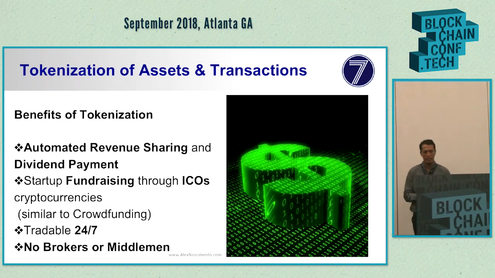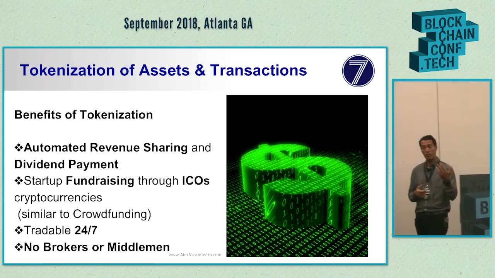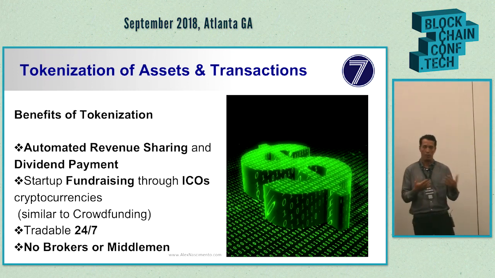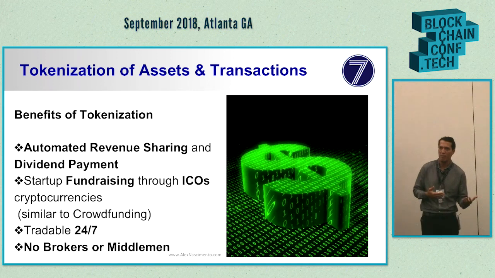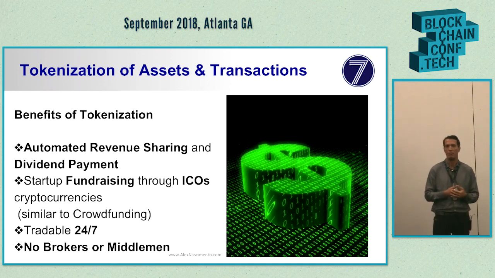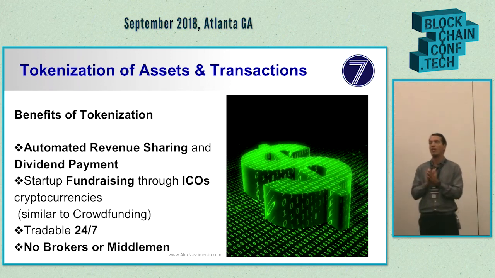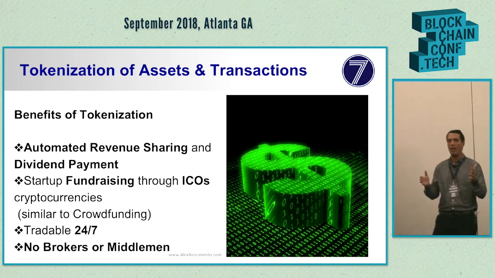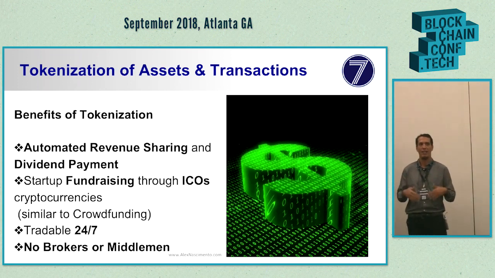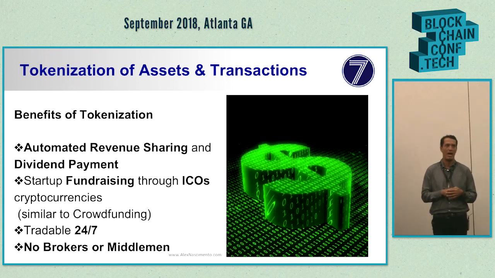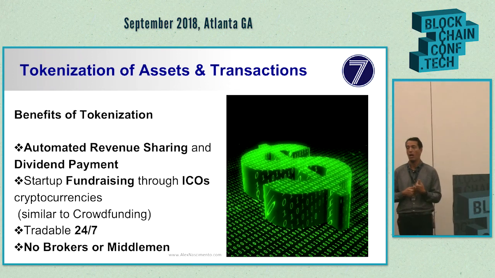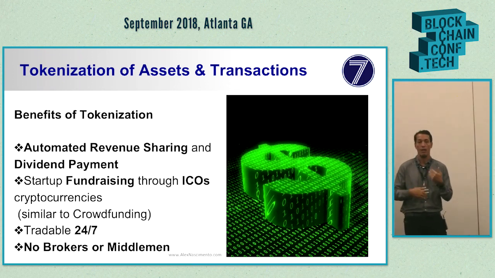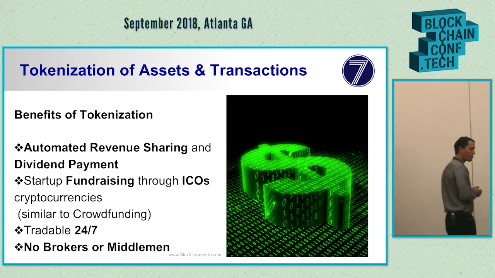So some of the benefits of tokenization is definitely automated revenue sharing. So if you own a piece of a startup, do you get a check for that today? No, you don't, right? You hopefully pray to God that in 7 years, on average, that startup will exit and you will see some of your funds back. But with tokenization of assets, you could get a portion of that startup increasing revenue.